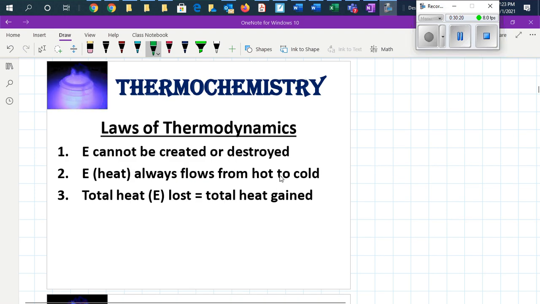So here are the laws of thermodynamics. Energy cannot be created or destroyed. Heat always flows from hot to cold, and the total heat or energy lost is equal to the total heat or energy gained. Those are the three laws of thermodynamics.